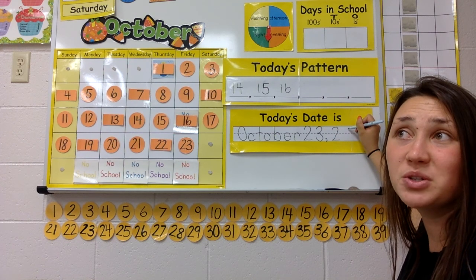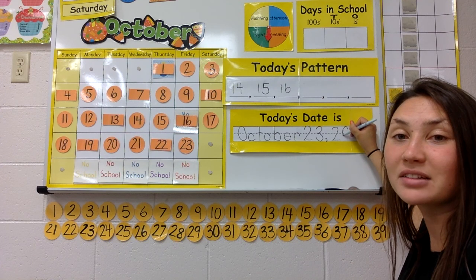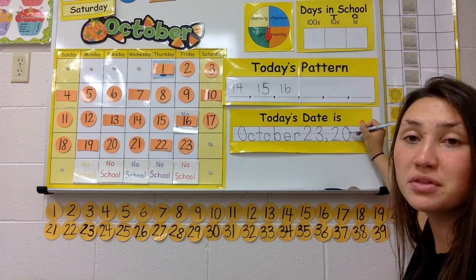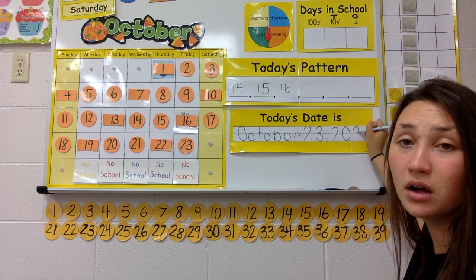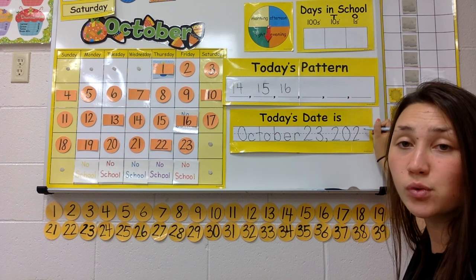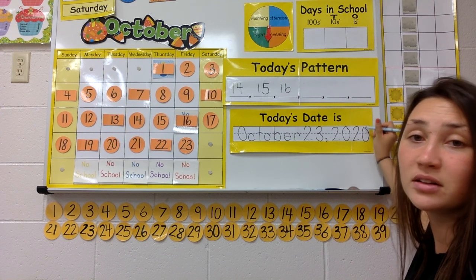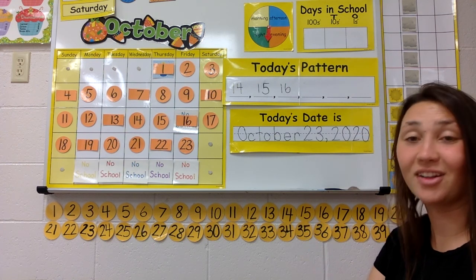And what comes after the 2? A 0. Yep. Make your 0. And then 2020. Yeah, so we need another 2, and then make another 0 after that. 2, 0, 2, 0. All right.